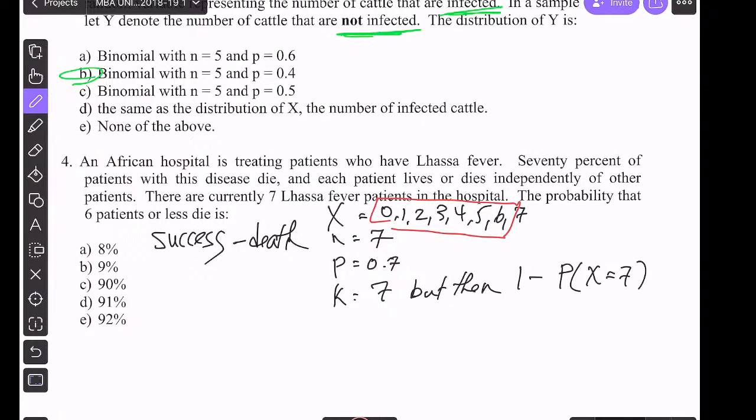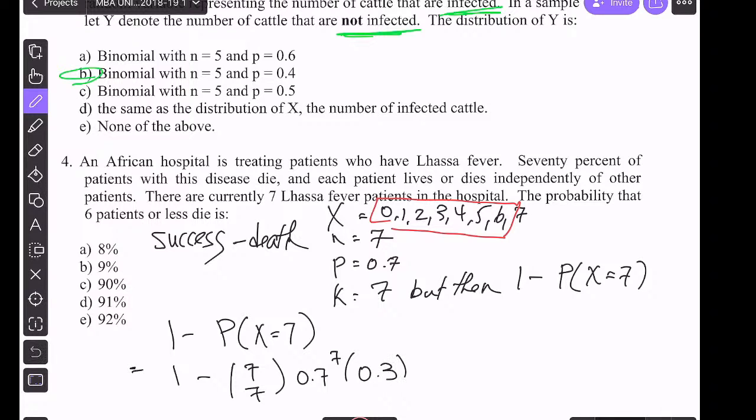So I'm going to set this up. I'm going to write this always together so I don't forget that step. So it'll be 1 minus, and then here I'm going to write 7 choose 7, and then the chance is 70% to the power 7, lots of 7s, and then it's a failure rate of 30%, but there's going to be no failures.